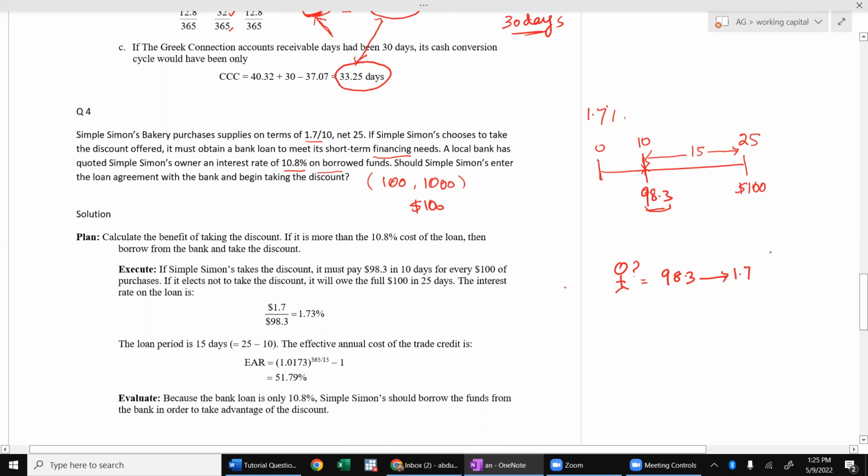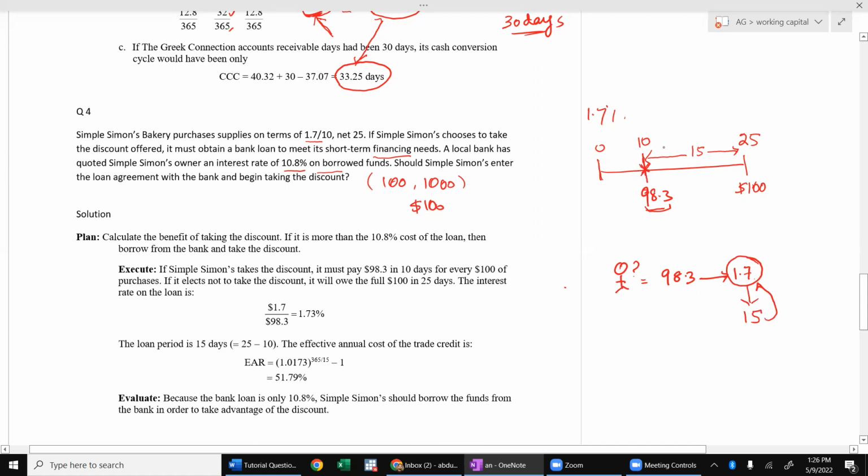So you need to actually compare. This 1.7 is the benefit that you are getting for not using the 98.3 for 15 more days. Okay, so this is a return on 15 days. This is not a return on 25 days, because you are making your evaluation on the 10th day.